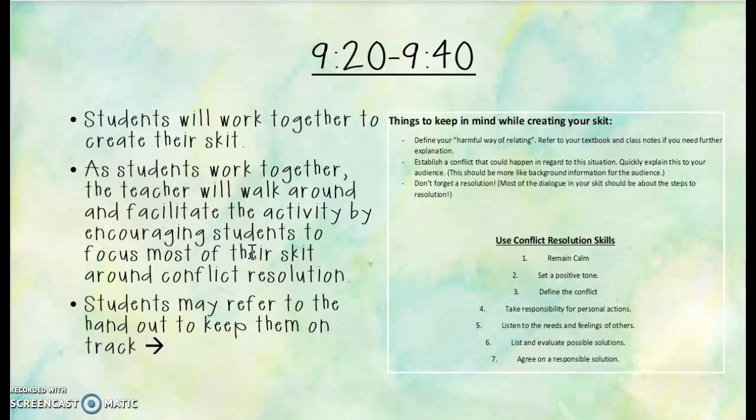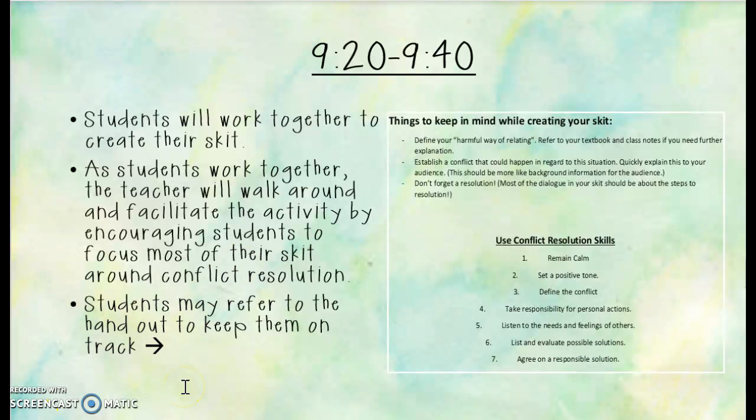So, for example, if they were assigned the controller, they could just start out their skit by saying, in this skit, we're going to depict a friendship between two people where one person prefers for the other friend to not really make friends with anybody else and wants them to do what they want them to do all the time.